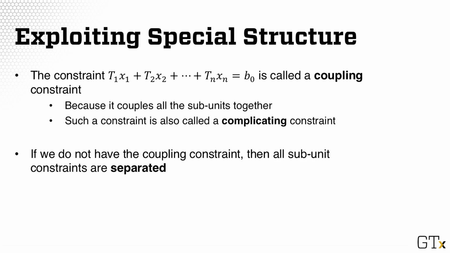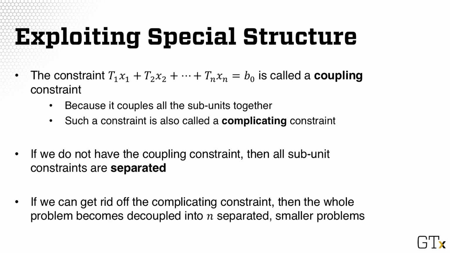There's no coupling constraint linking different subunits. Then each unit is a much smaller problem by itself. So if we can somehow get rid of the complicating constraint, then the whole problem becomes decoupled into n separated and smaller problems.